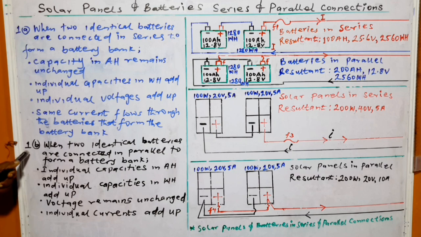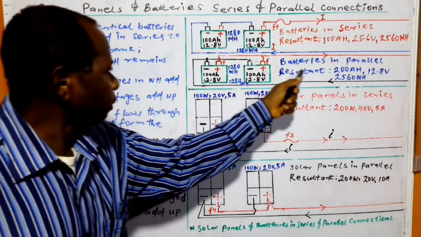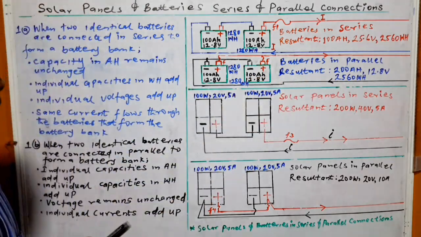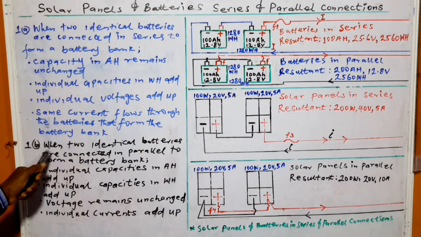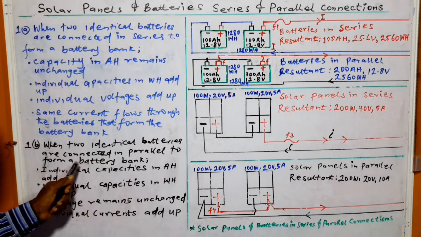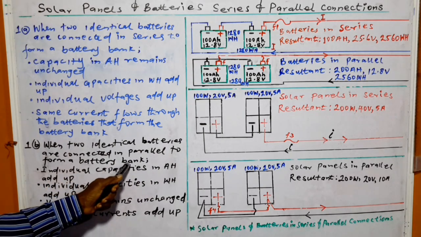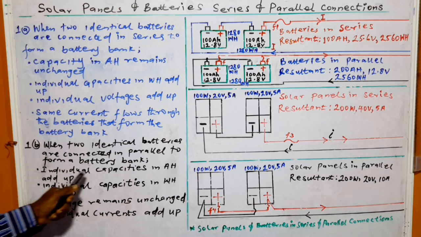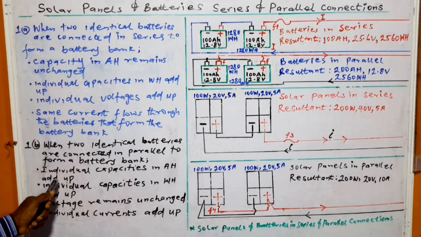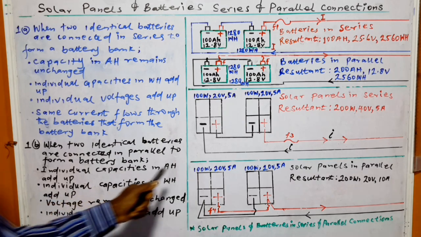So now the second case, which is B, where we have the batteries in parallel. When two identical batteries are connected in parallel to form a battery bank, individual capacities in ampere hour add up.